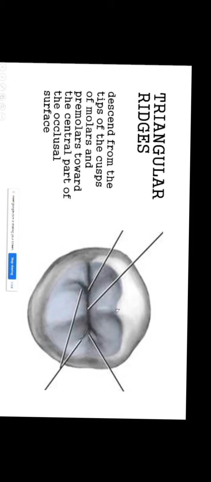From the tip of the cusp going down toward the center, that's the triangular ridge. This is one cusp, from the tip going to the center, that's one triangular ridge. Here also, this one cusp, from the tip going to the central part, that's another triangular ridge. Are you getting this? You can see in the illustration a bit of elevation.